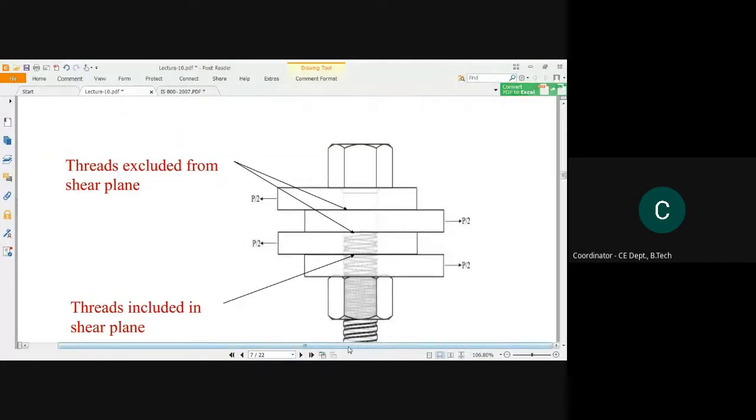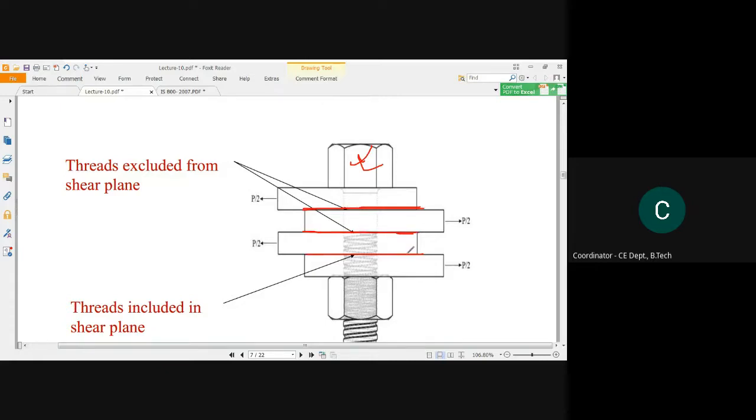This is a bolt and the plates will be aligned in such a manner. So the planes are these. Okay, these are the planes. This plane will be intercepted by this bolt in order to connect this joint, right? So these will be the corresponding shear planes.